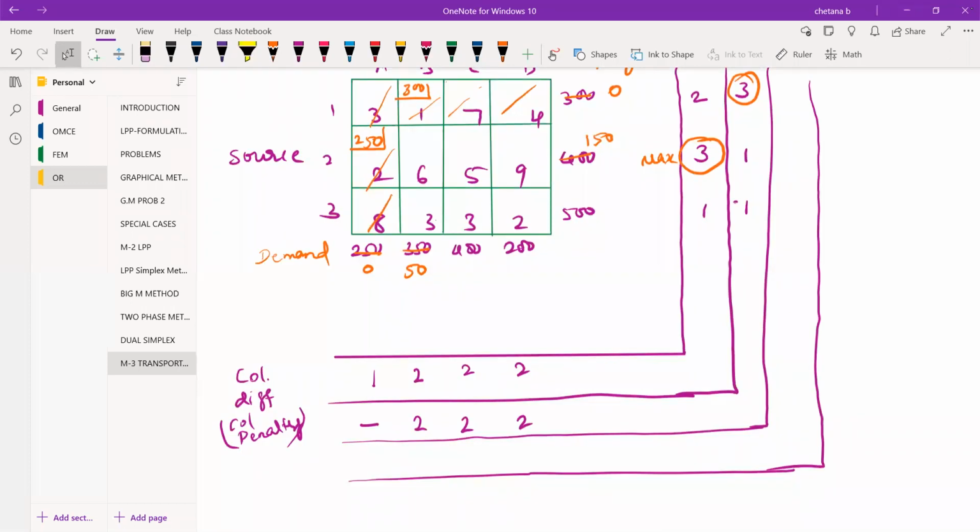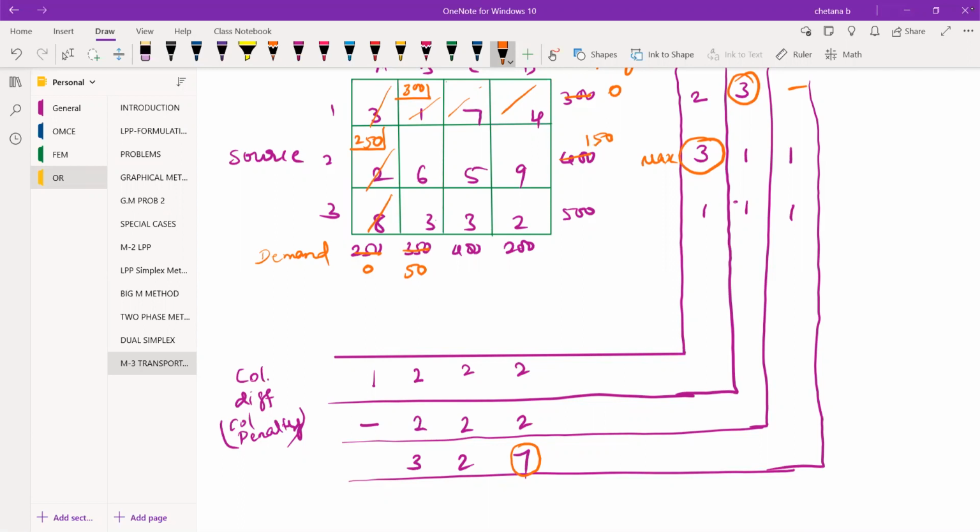So row wise, you need to take it from the second row. The difference of 6, 5, 9 is 1. Here the difference is 1. Column wise it is 3, 2 and 7. Which is the maximum value? 7 is the maximum value.